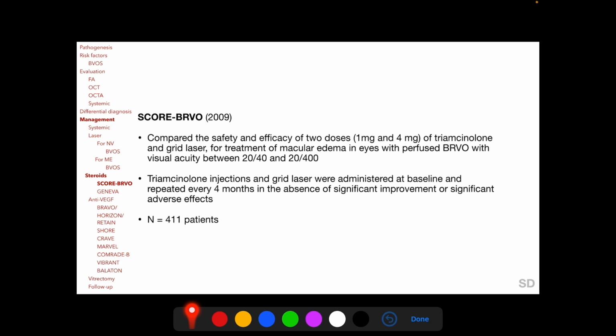Whereas in the SCORE trial for CRVO, these two doses of triamcinolone were compared with observation because grid laser was already established to be not effective for macular edema in CRVO, the SCORE-BRVO compared these two doses of triamcinolone with grid laser, which has already been established to be effective in macular edema for BRVO.